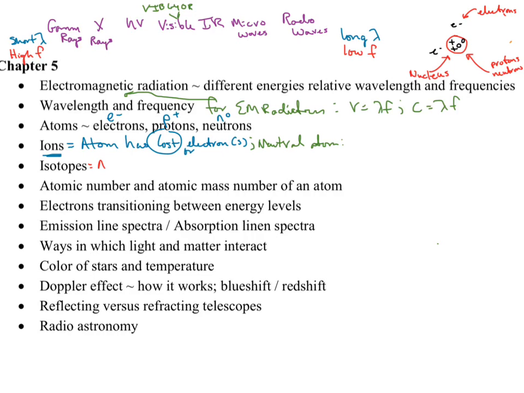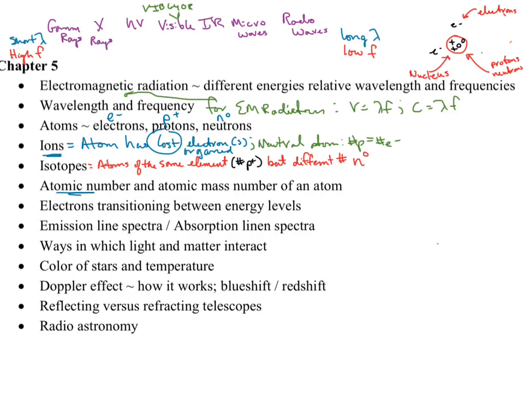So a neutral atom will have the same number of protons as it does electrons. Isotopes are atoms of the same element, but they have a different number of neutrons in their centers.